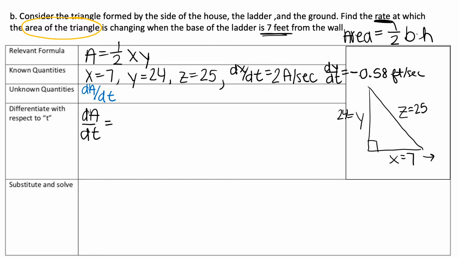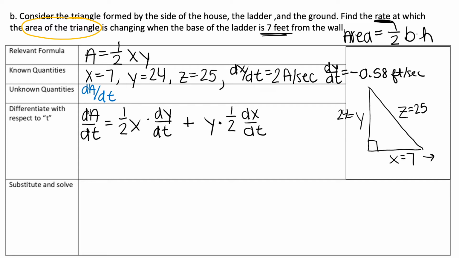So here our product rule says the first times the derivative of the second. So here we have 1/2 x times the derivative of the second, which would be dy/dt, plus the second, which is y, times the derivative of the first, and the derivative of 1/2 x would just be 1/2 dx/dt.